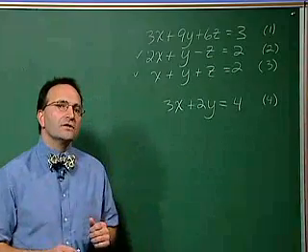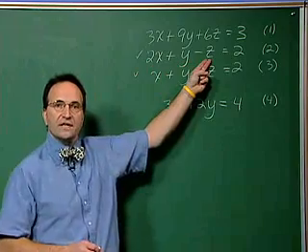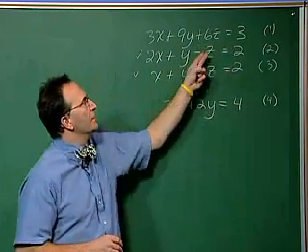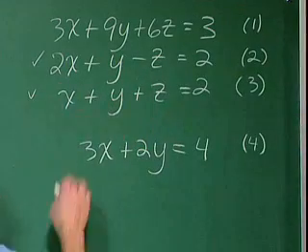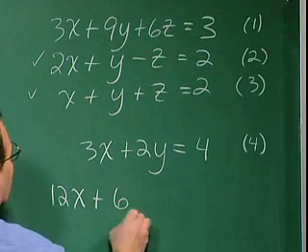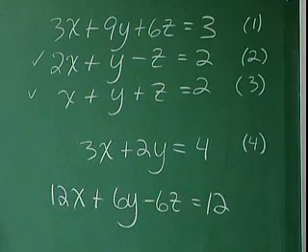Okay, so now what I want to do is multiply equation 2 by 6. And the reason for that is then if I add it to equation 1, the z's will cancel out. So let's multiply equation 2 by 6, which would give me 12x plus 6y minus 6z equals 12.